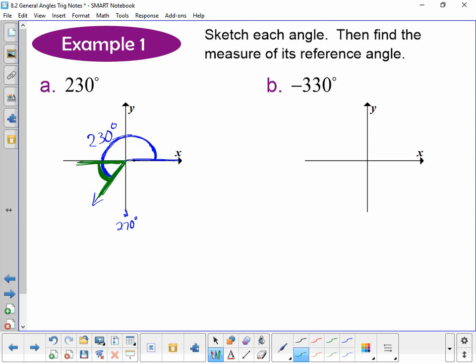Well, this portion of that angle is 180, so the reference angle is just a little past that 180, and in particular, we would have to go an additional 50 degrees to get to that terminal side. So our reference angle is 50 degrees. Essentially, the way you might think about that is that it's the 230 degrees minus that 180.